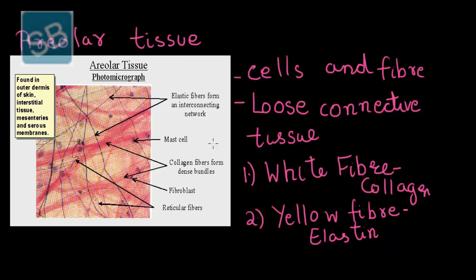Thus, here the elastin fibers that form an interconnecting network are the yellow fibers, and the collagen fibers forming dense bundles are white fibers. As we can see in the figure, the collagen fibers, which occur in the form of bundles, are wavy and unbranched.